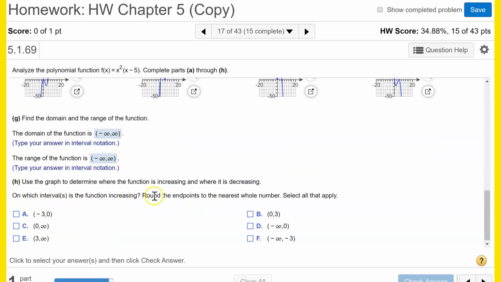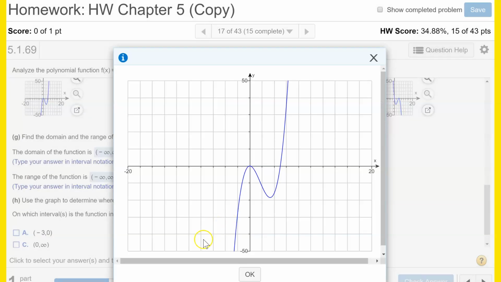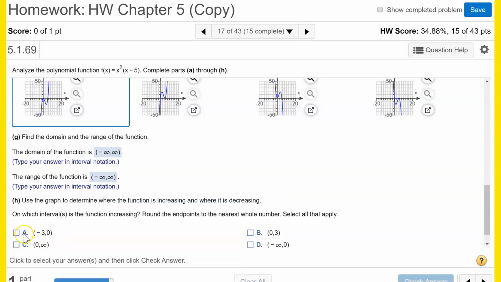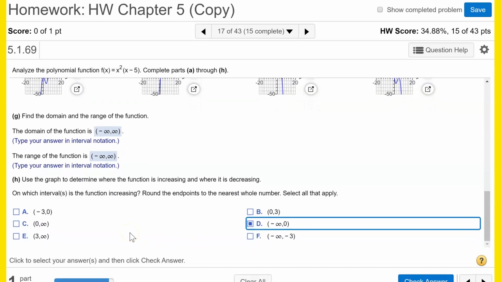On which intervals is the function increasing? Okay, let me look back. It's increasing from negative infinity on the x-axis until 0 on the x-axis, and it's also increasing from 3 on the x-axis to positive infinity. So negative infinity to 0, and 3 to infinity.